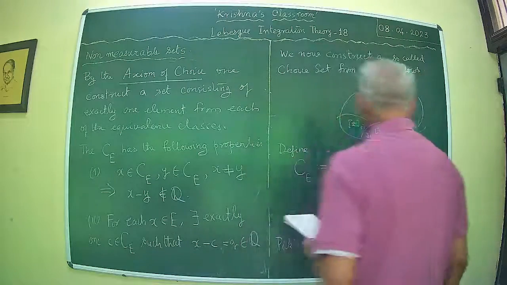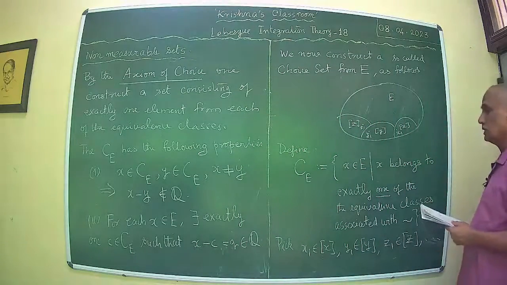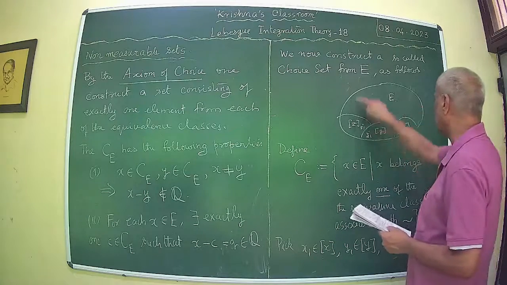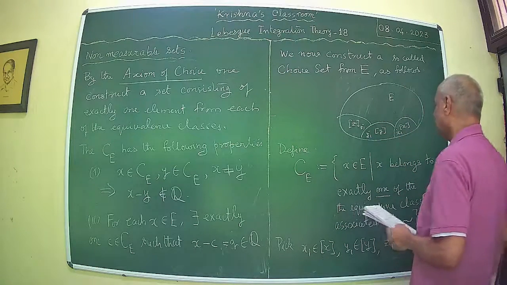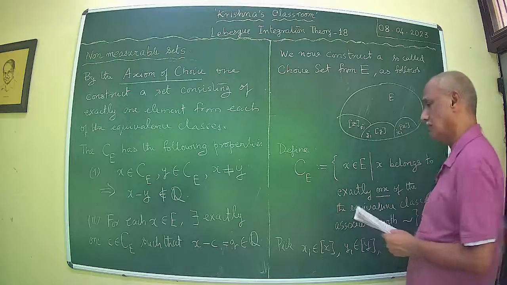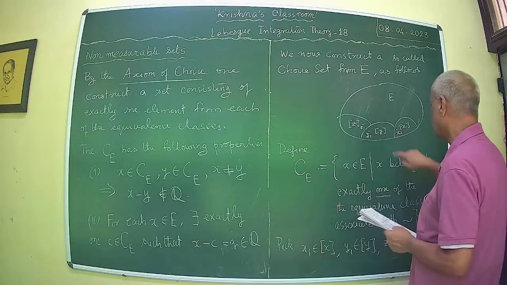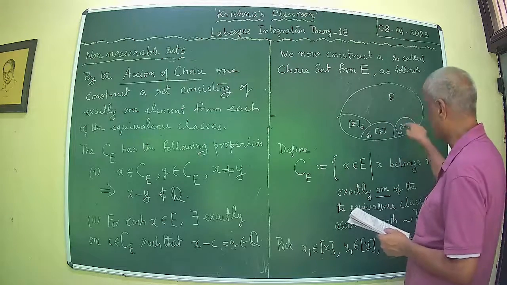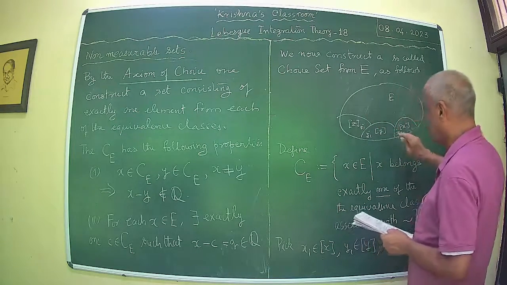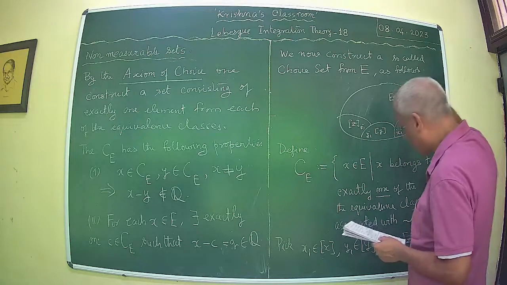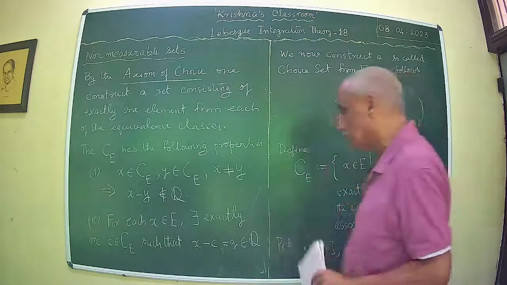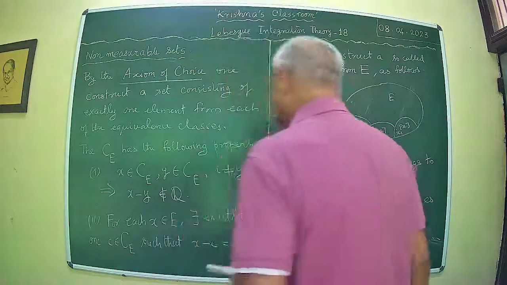So what it means is this. Suppose you take an x belonging to E, so x belongs to one of these blocks. Okay. Then there is some c belonging to C, because C we have constructed by picking one element from each of these. So certainly there is one element which shares the same class with the x, and that is c.